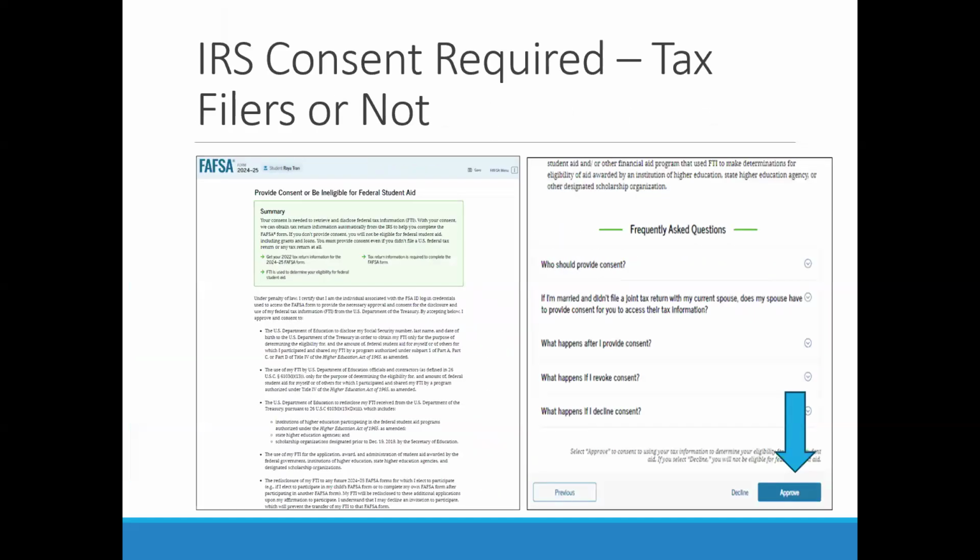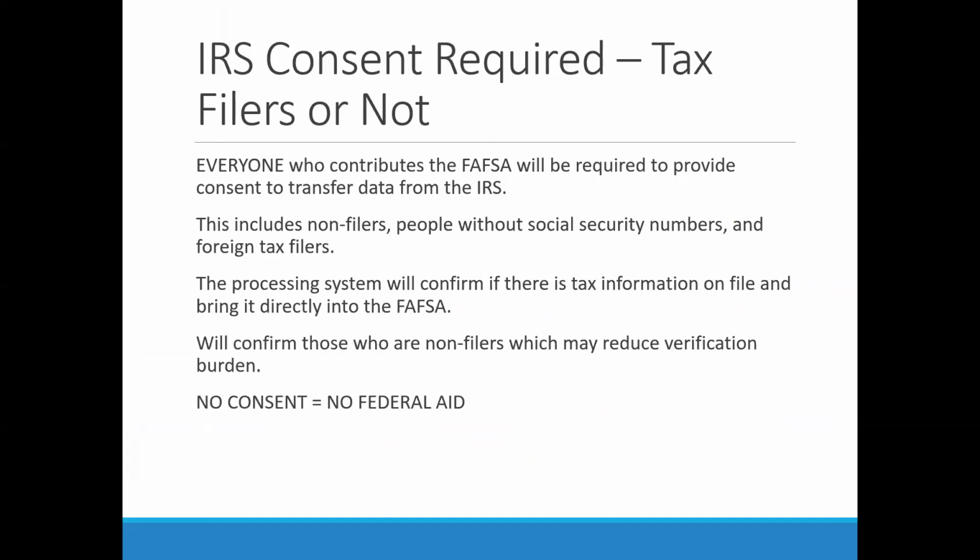The next question is to consent for the IRS to review your tax information and put it directly into the FAFSA. Regardless of if you're a tax filer or not, everyone will need to review and provide consent. Everyone who contributes to the FAFSA will be required to provide consent to transfer data from the IRS.